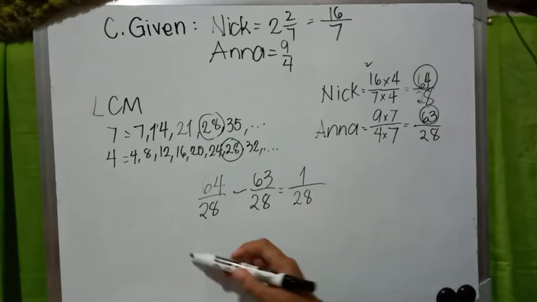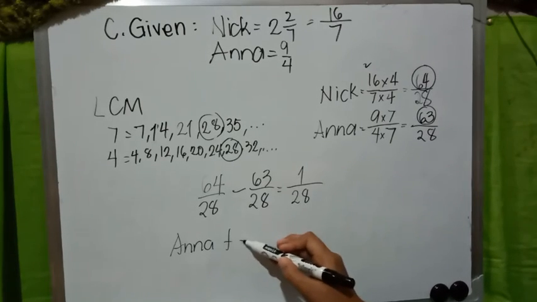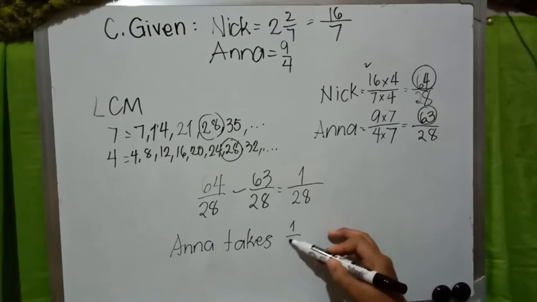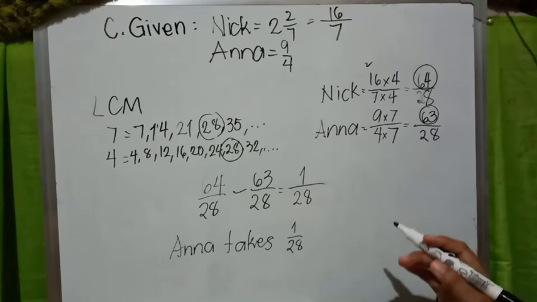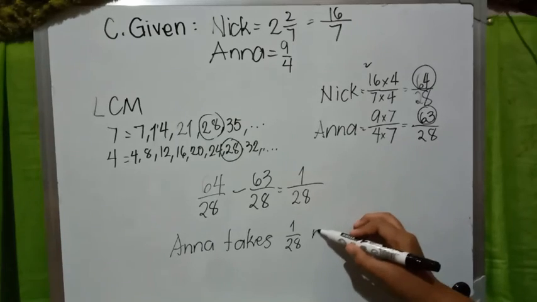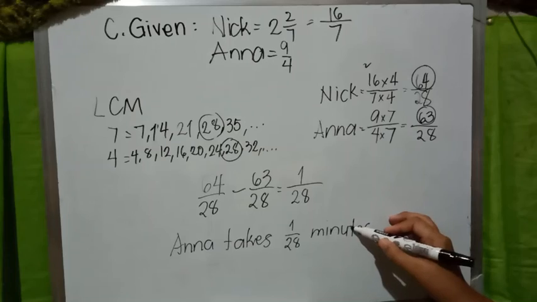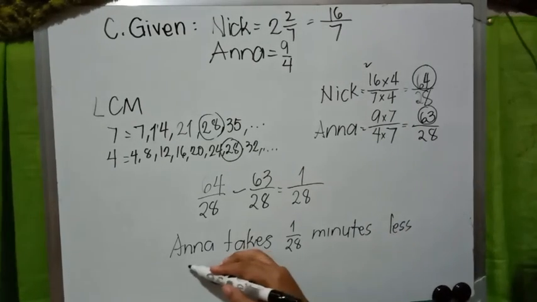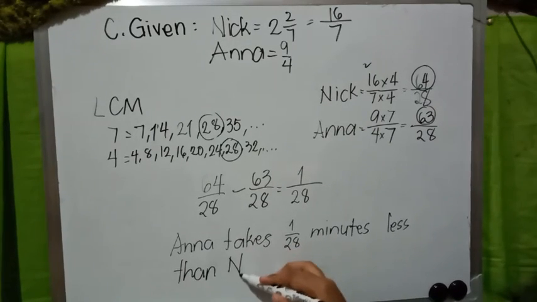So we can say that Anna takes 1/28 minutes less than Nick.